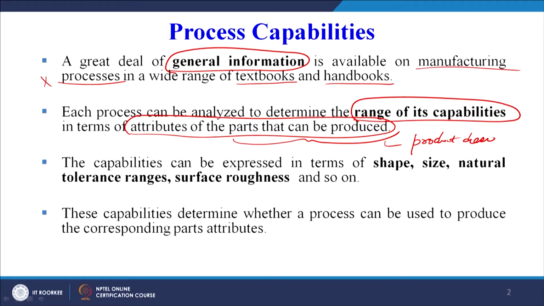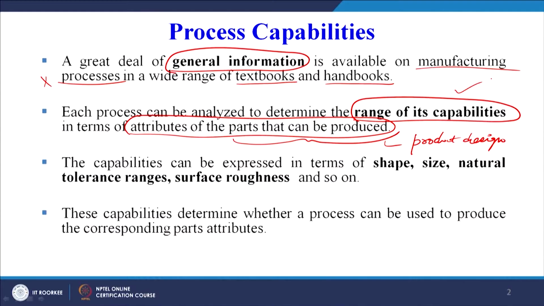So when we know that this particular part has to be produced, we will certainly have a design for that part, and we need to understand how it can be produced in the most economical as well as the most productive manner, and that is where the range of capabilities will come into the picture.